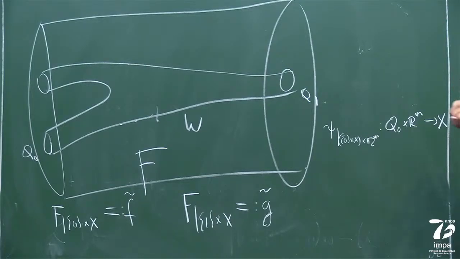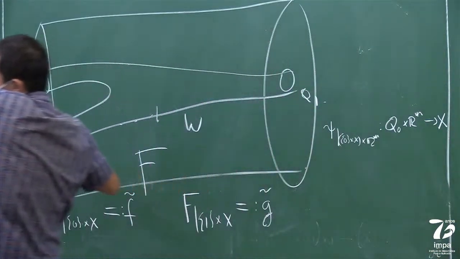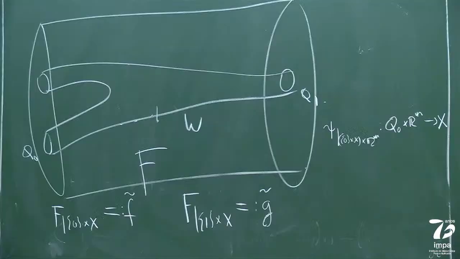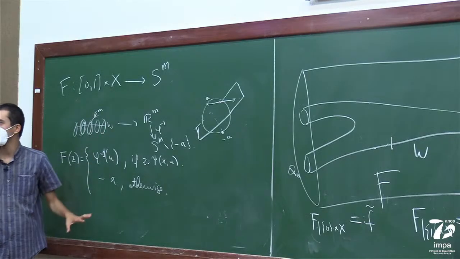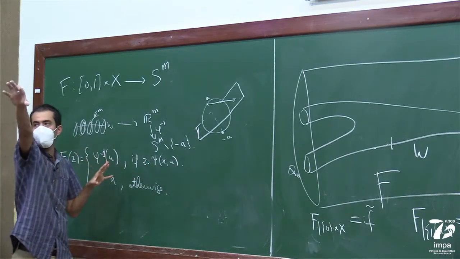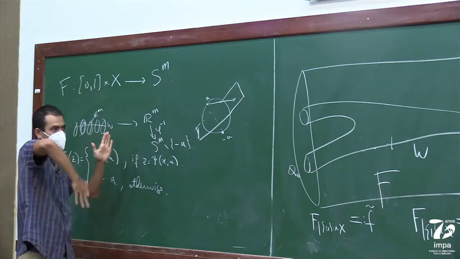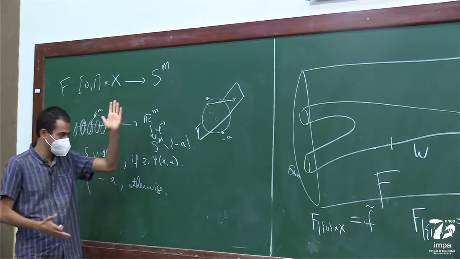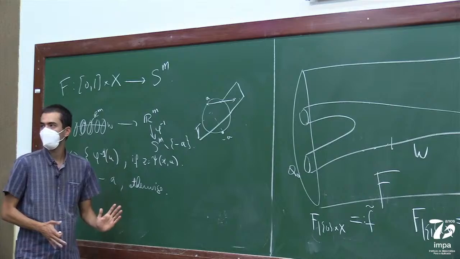Okay? So basically, you do the exact same thing, and when you restrict f to f tilde, you get exactly the same formula. But the only difference is that now x, instead of being in all of w in 0, 1 times x, you're just on the slice with 0 times x, so you're in q0. Okay?